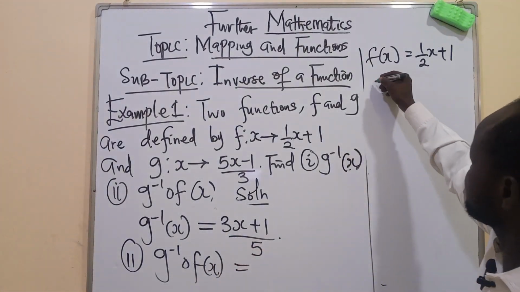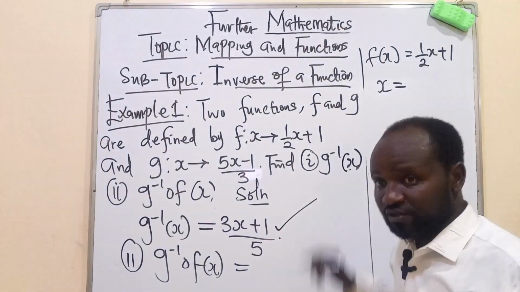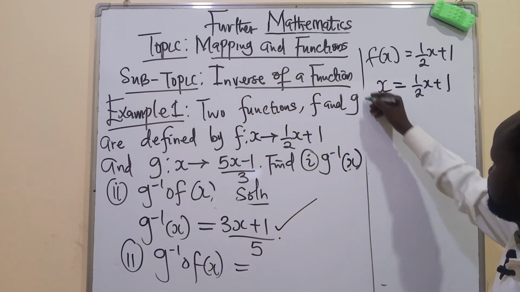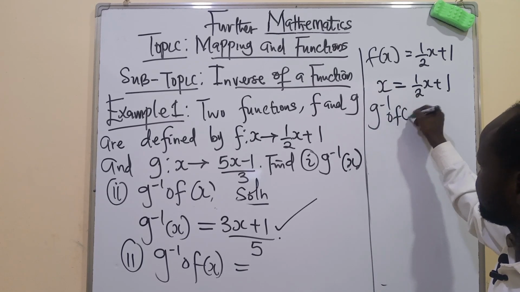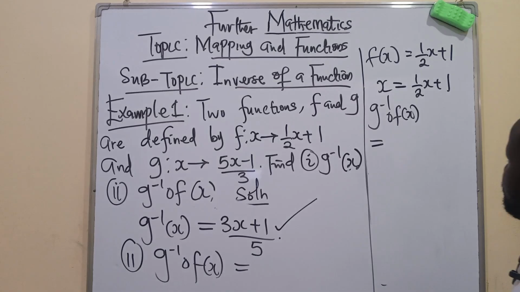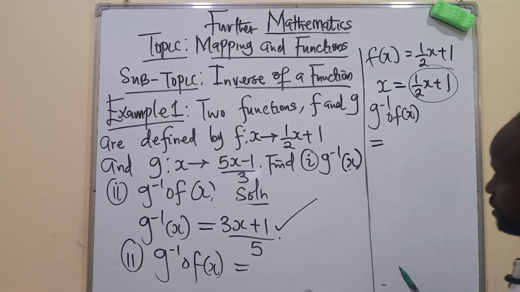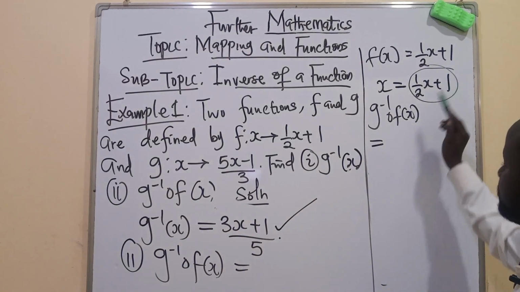What does that mean? It means anywhere we see x in g inverse, which is this, we replace it with half of x plus 1. So g inverse of f of x now will be equal to, we pick the whole of this function and substitute into g inverse. Anywhere we see x here, we replace it with half of x plus 1.